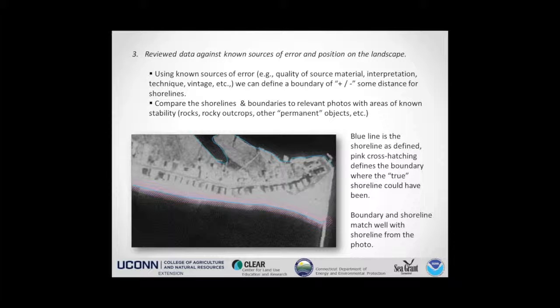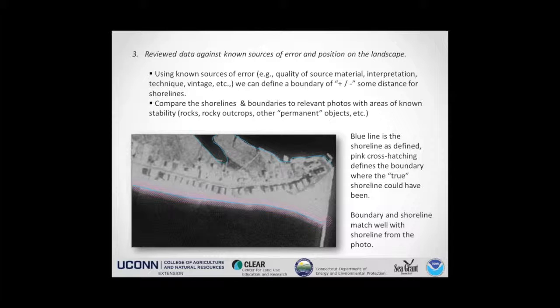We also wanted to do a fairly rigorous QA/QC on some of this information. And as Joel had mentioned before, we're talking about areas of certainty or uncertainty. We've mentioned earlier that we know the shoreline is a movable object. And there's been published material through USGS and through FEMA that gives you an average amount of error that goes along with these shorelines.